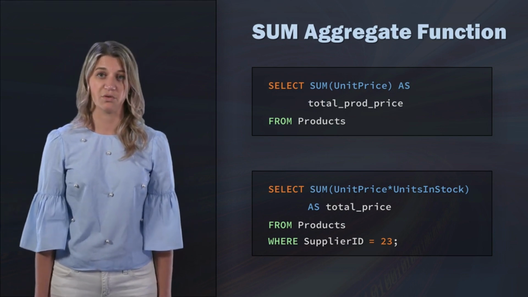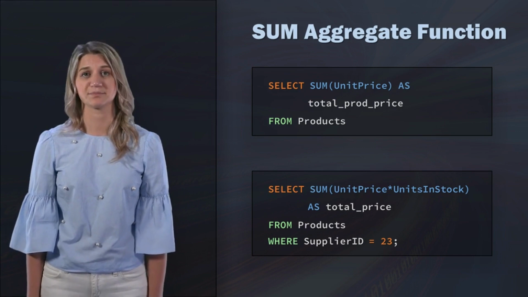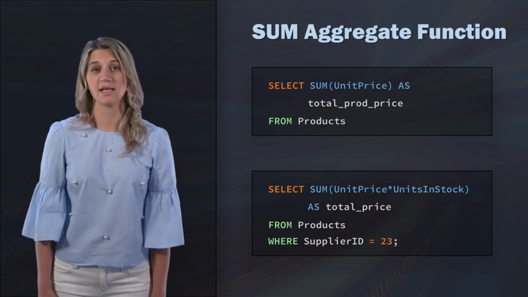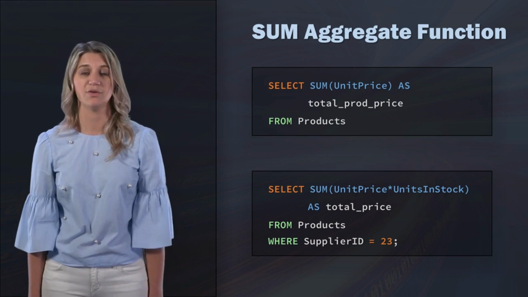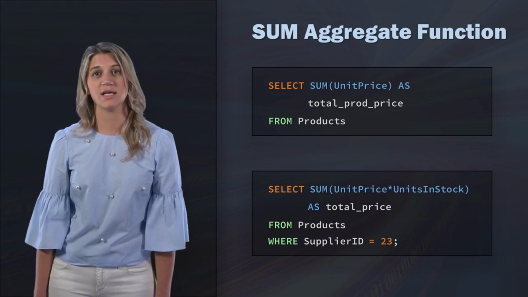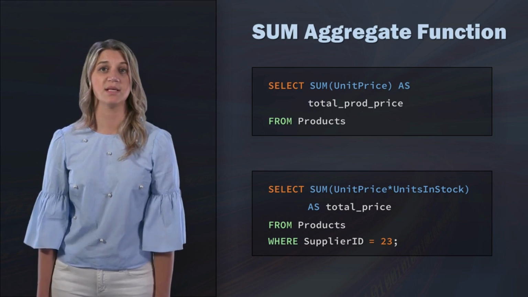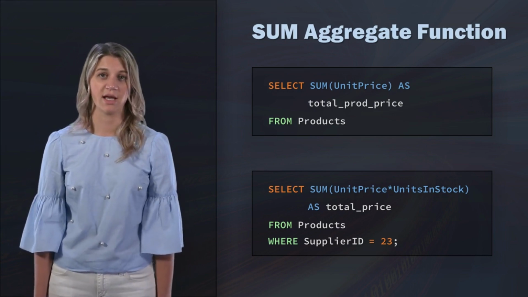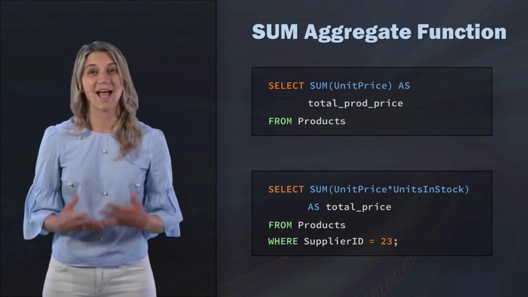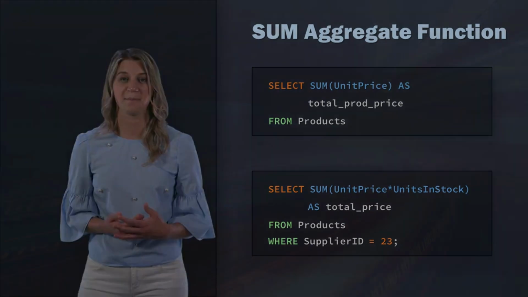I want to get a total for that, but I also want to add all of those together. Now I have the total price for all of the products with the unit price and the units in stock. Now you can see how with the math operators and some of these aggregate functions, you can really start to get a better understanding of your data and now even start to do some analysis on your own data.